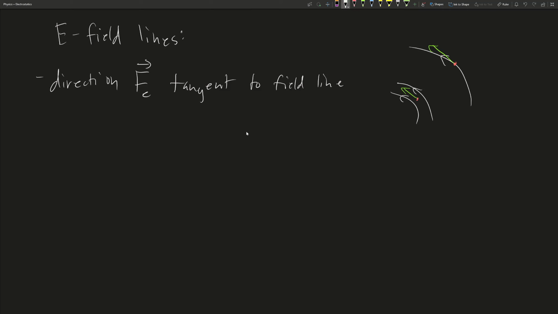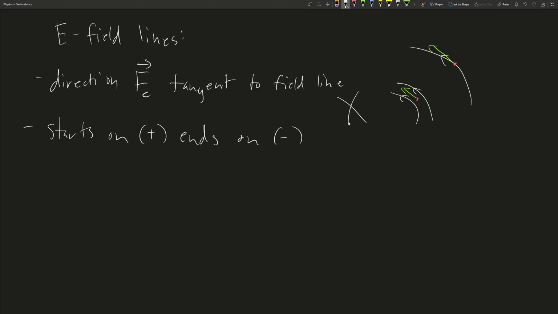Now, another rule for drawing electric fields is that they start on a positive charge and end on negative charges. So they must start on positive and end on negative. A consequence of these two rules is that field lines never cross.